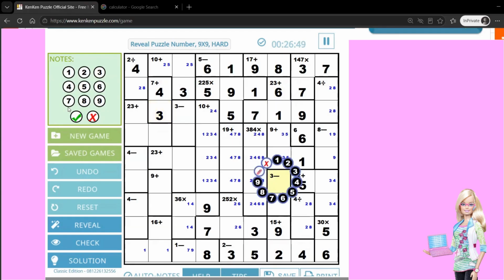Yeah, I think 4, 7. Since a 4 must go, and those 4s can't go anywhere else in those two.